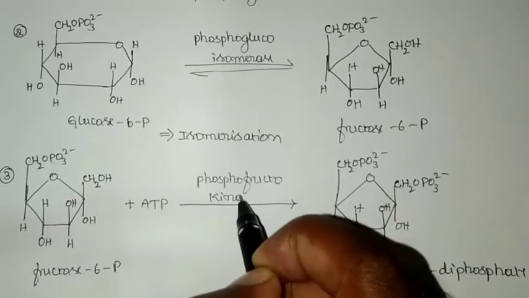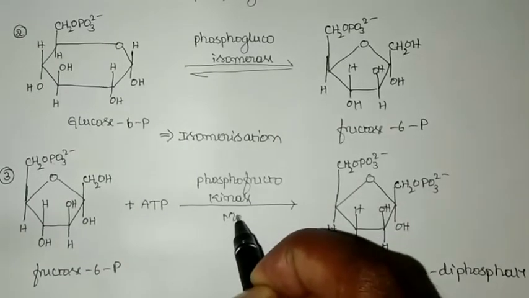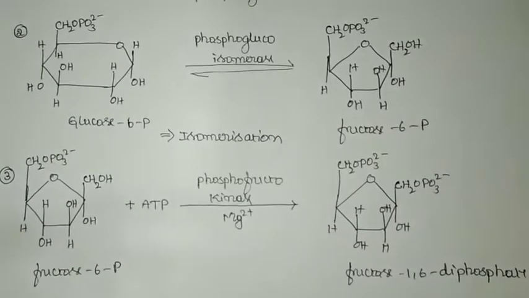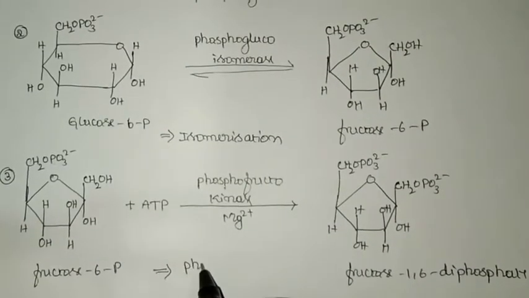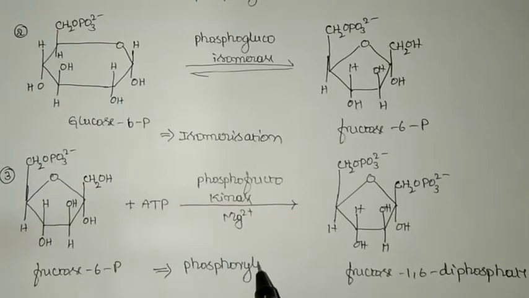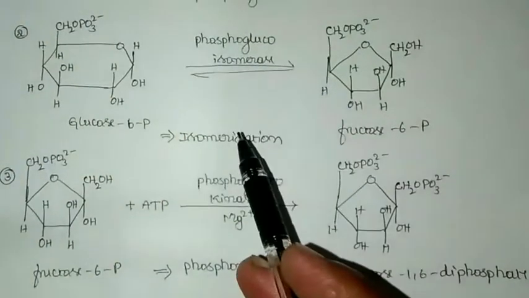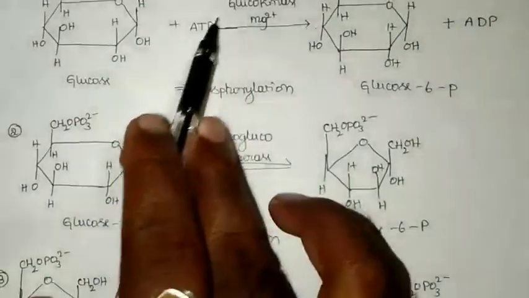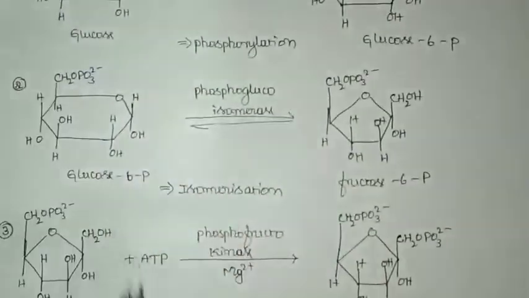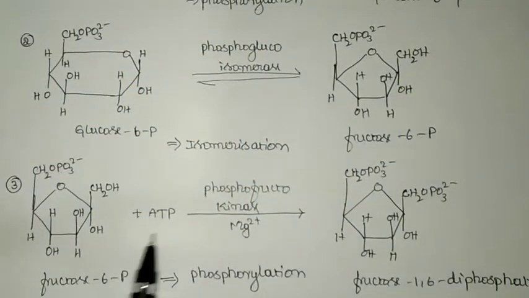So phosphofructokinase is the enzyme, and again the activator will be Mg2+. So again we are noticing the third reaction is once again a process of phosphorylation. So you can notice in the first reaction we have noticed the consumption of an ATP molecule, and similarly in the third reaction also we are noticing the consumption of an ATP molecule.